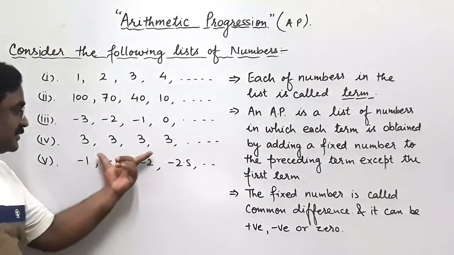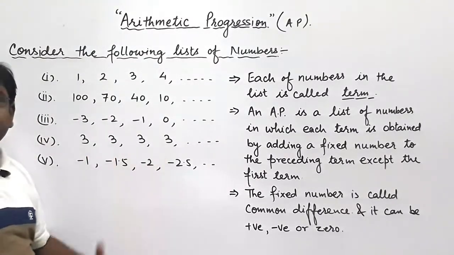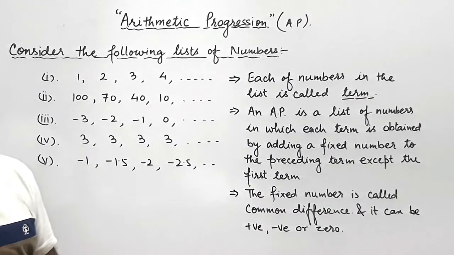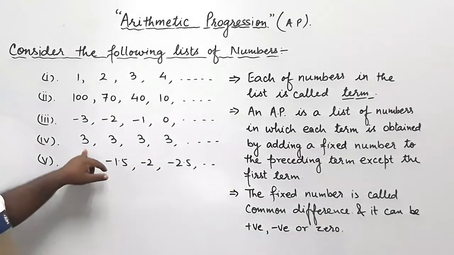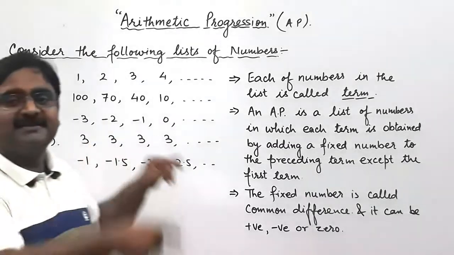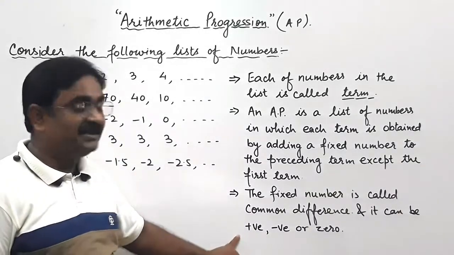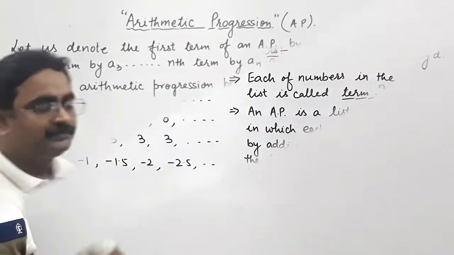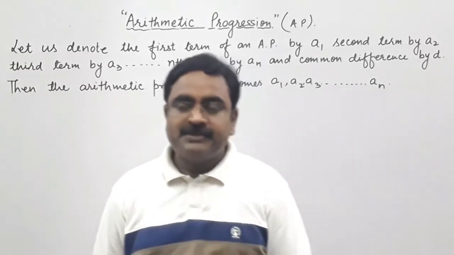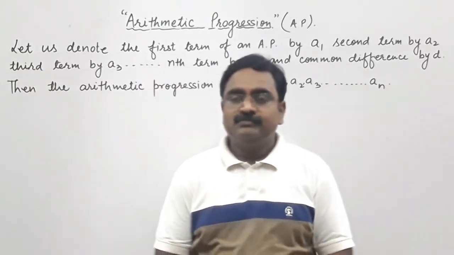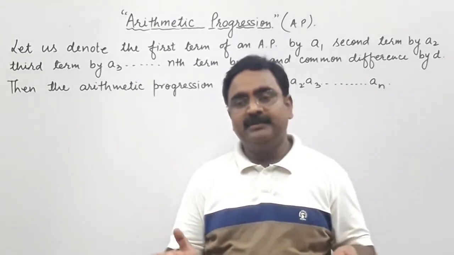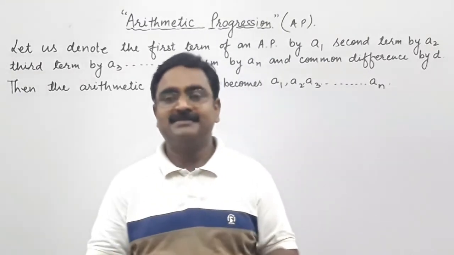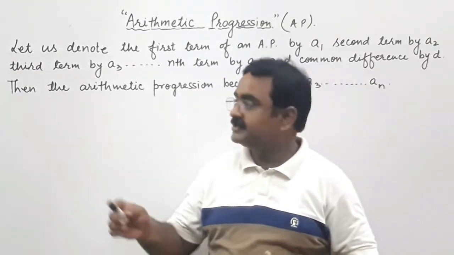The example of zero is given, because every term is the same number, and if every term is the same number, then what was added or subtracted? Zero was added or subtracted, so the fixed number can be zero also. Okay children?